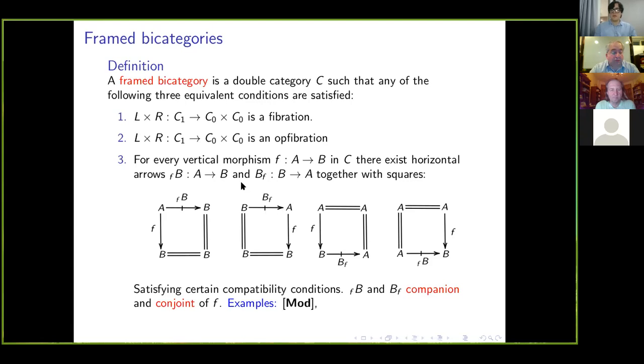This is not as important, but we want to think of this companion and conjoint as changes of base. So essentially a frame bicategory is a double category where you can change bases. This is put in terms of fibrations and opfibrations. Bracketed Mod is a frame bicategory.